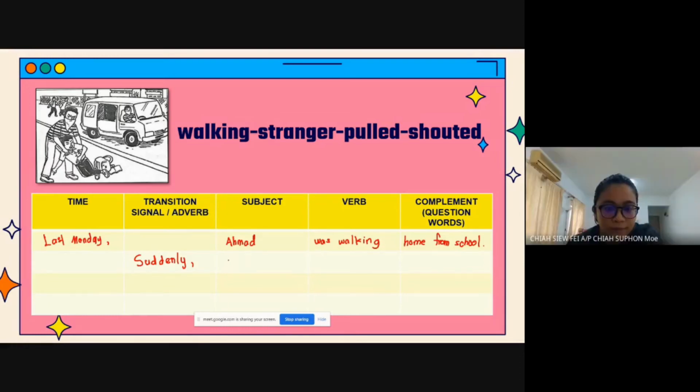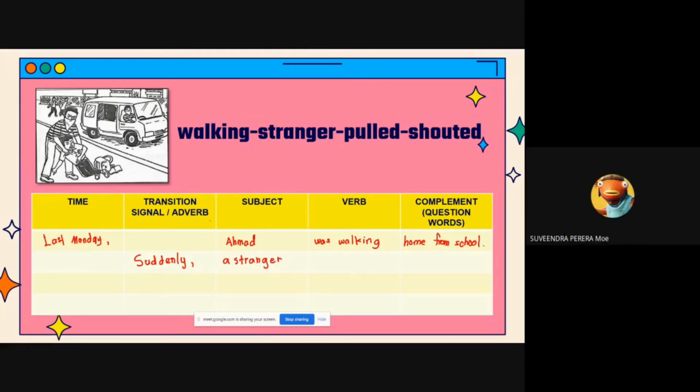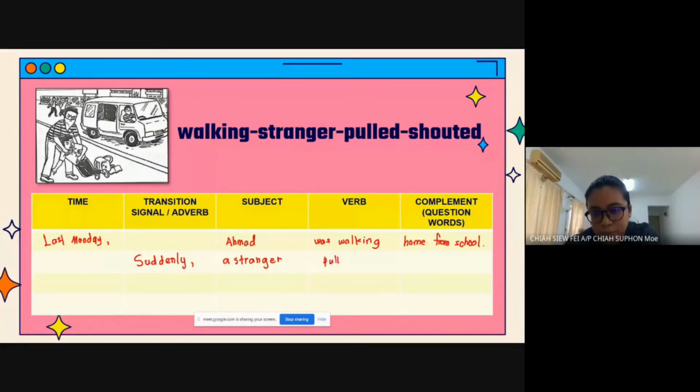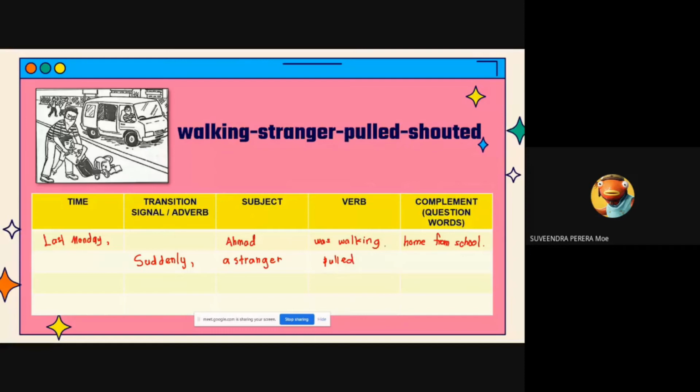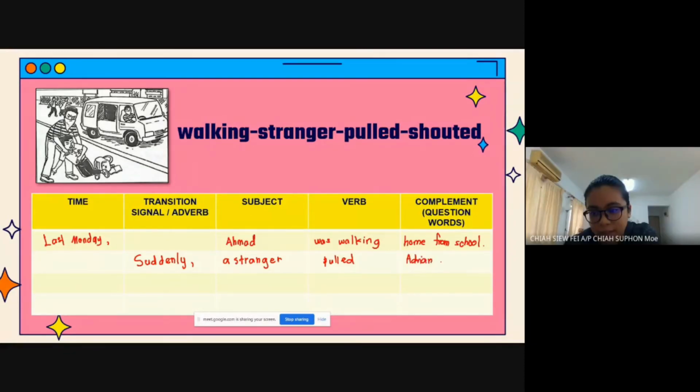The subject, very good. Suddenly, a stranger. Then, what happened? Pulled Adrian from behind. Okay, pulled Adrian from behind.